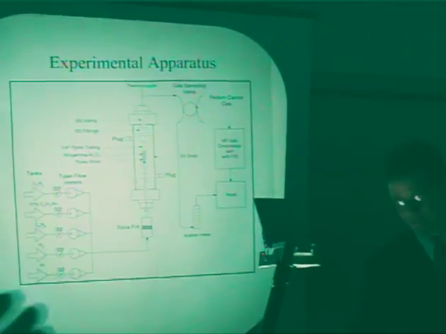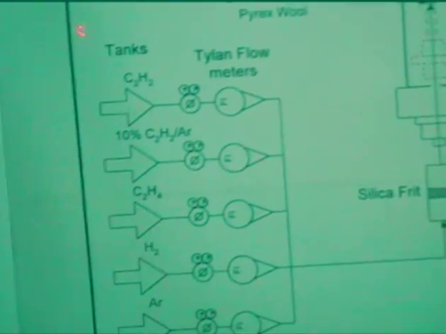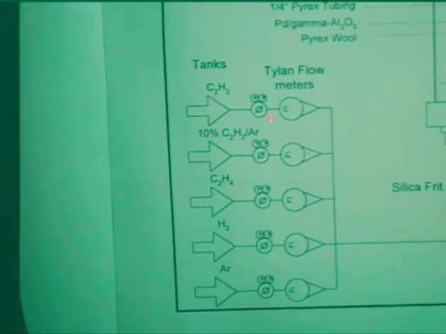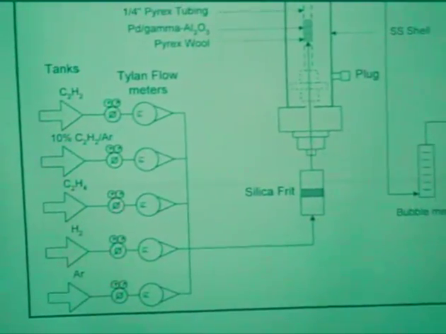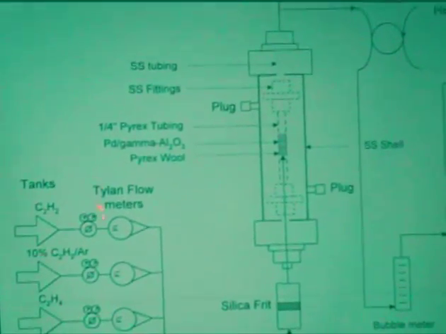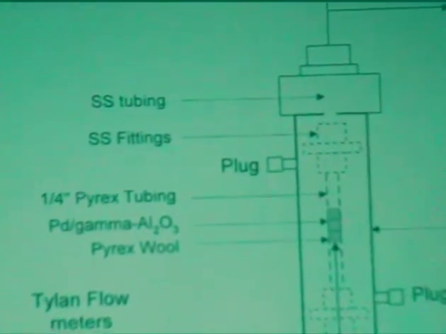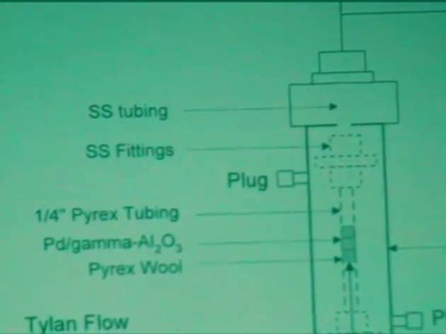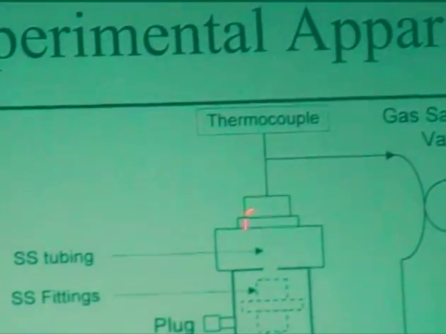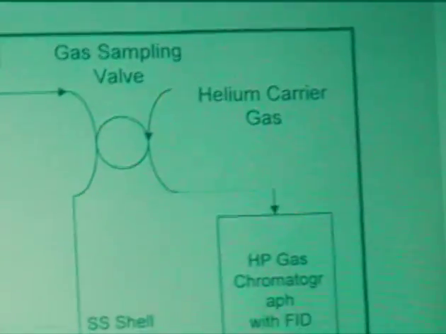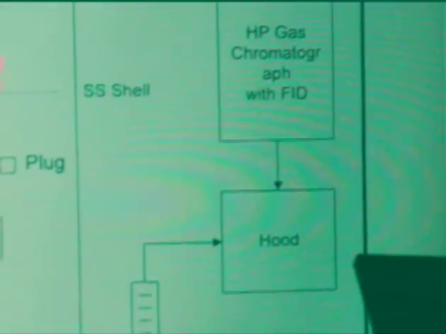Okay. So for testing the catalyst, we use a very, very common reaction setup. We have a bank of tanks with different acetylene and argon mixtures. In order to control the composition and flow rate, we use acetylene flow meters. We use a silica frit to give good mixing before entering the reactor. And then we have a tube inside of a shell, and the shell's plugged, and there's no access to this void space.